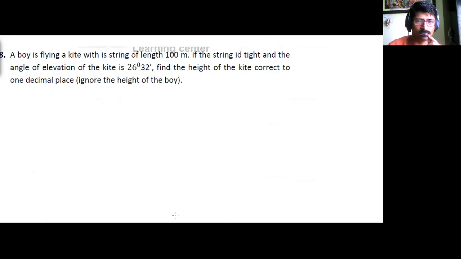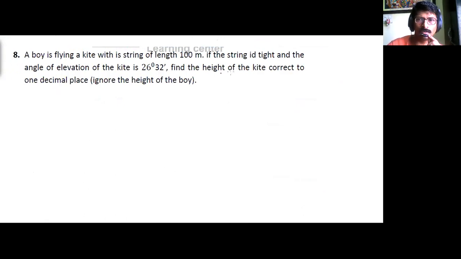This sum is very interesting. Let's read this sum. A boy is flying a kite with a string of length 100 meter. This 100 meter is a very interesting part. This is the length of the string.